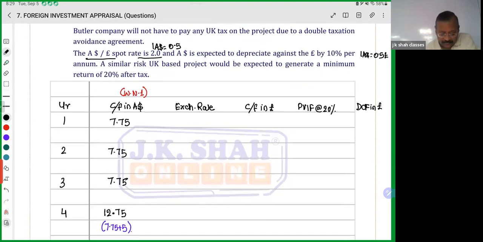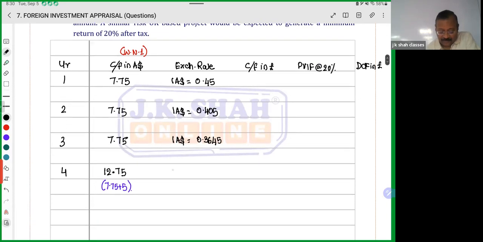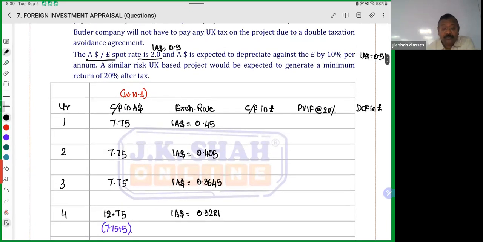So this would be 1 Australian dollar equals to 0.45. 1 Australian dollar equals to 0.405. 1 Australian dollar equals to 0.3645. And 1 Australian dollar equals to 0.3281.